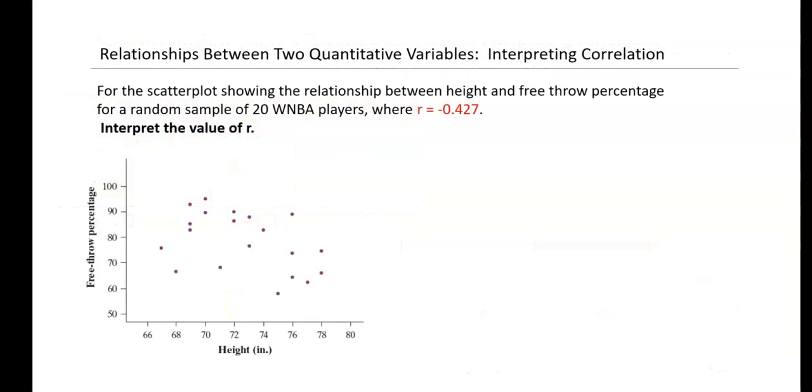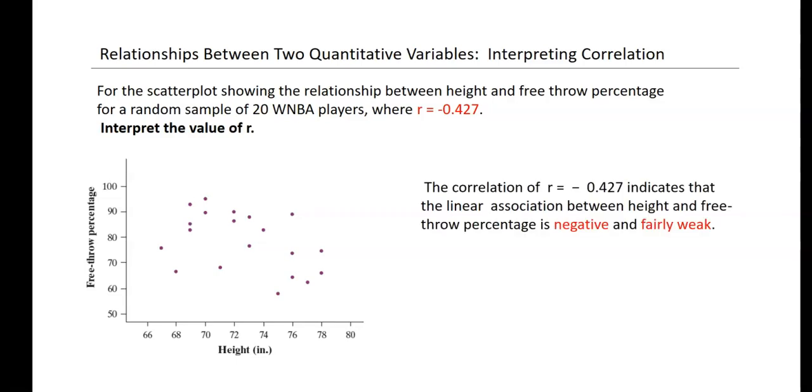Okay, here's a scatter plot we did before about the WNBA players, where R equals negative 0.427. So you can see that, I guess we call it moderate or moderately weak there. So the negative association, interpret the value of R. So you want to say something like the linear association between height and free throw percentage is negative and weak or moderately weak, is what they said.